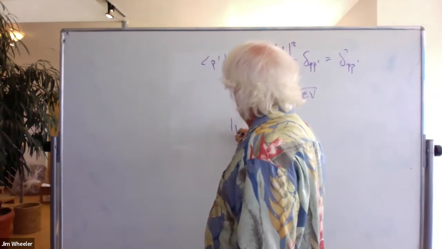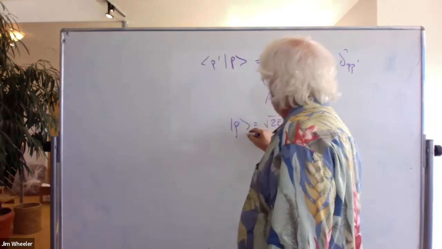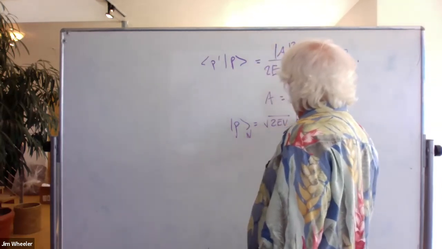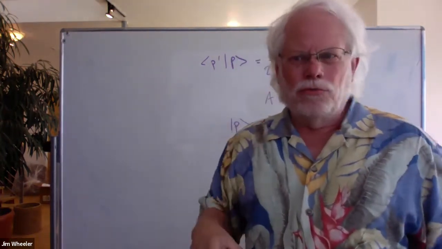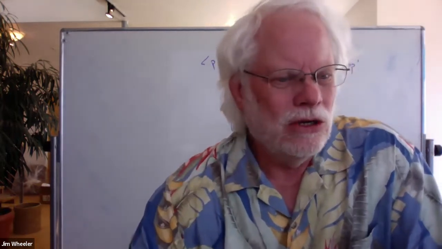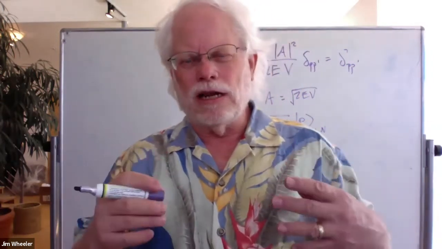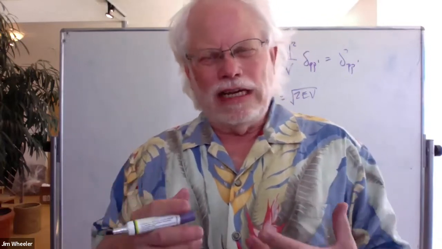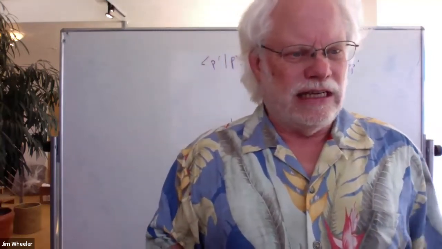So the normalized momentum state is root 2EV times the unnormalized momentum state. So we'll be introducing some additional factors of root 2EV when we define our matrix elements. Remember, our matrix elements are comprised of the inner product of momentum states. And so for each of those incoming and outgoing momenta, we're going to need a square root of 2EV in the appropriate place.